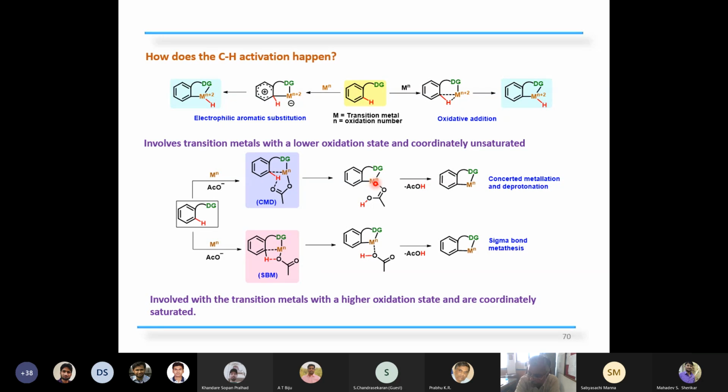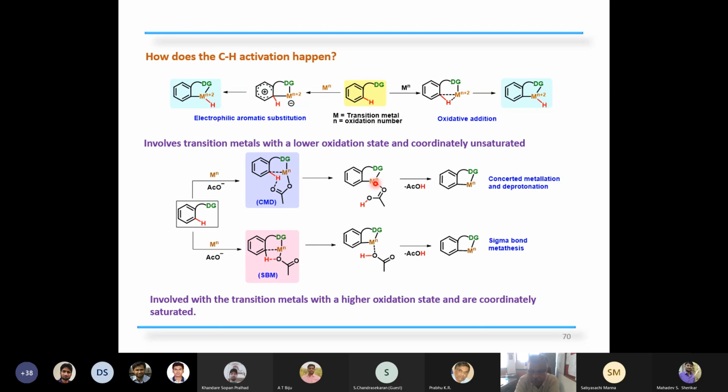The removal of hydrogen we call oxidation. And another thing, at the end of the reaction, the metal goes for reduction. That means the metal is oxidizing both the starting material and the reagent, removing hydrogen overall. That's why it is called an oxidative process.